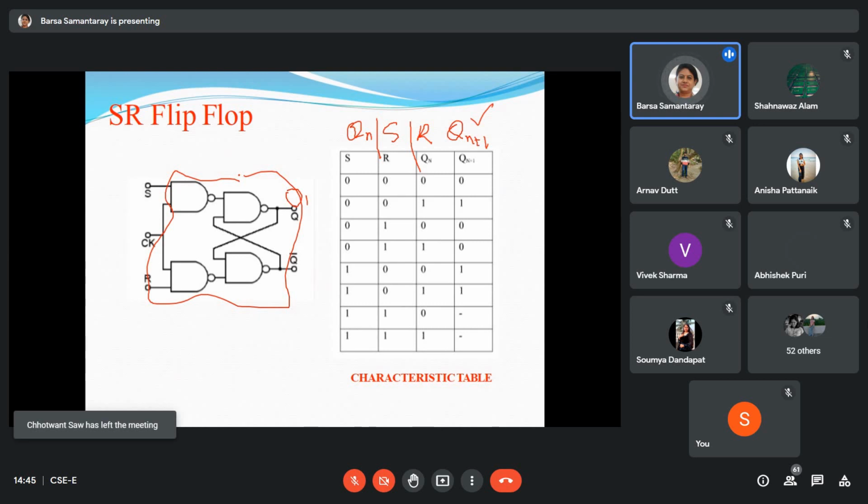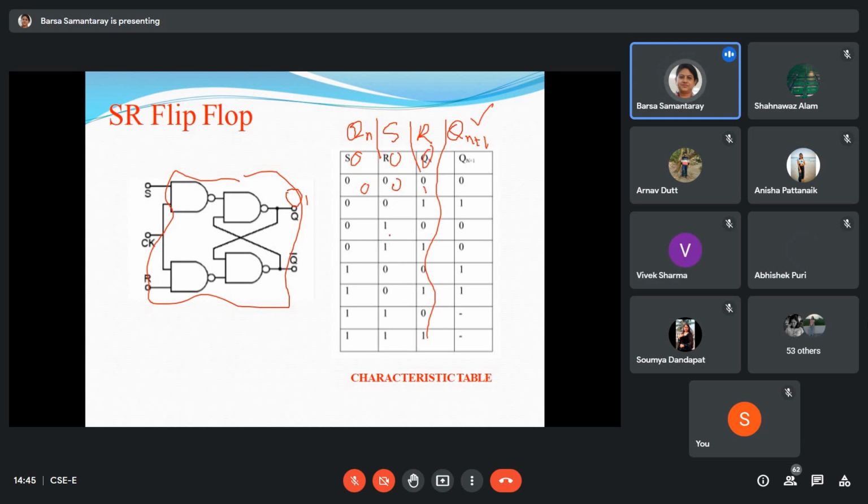If you are applying all this, then output will be changing. So, the three input मतलब कितना combination होगा? 8 combination. You just write all the combinations 0, 0, 0, 0, 0, 1. Like this you can write.